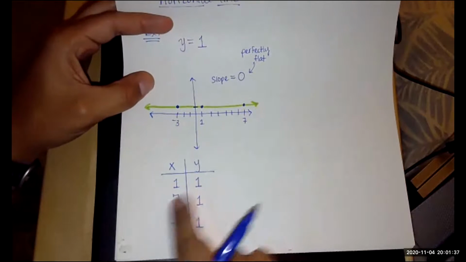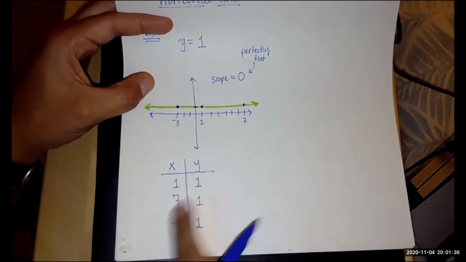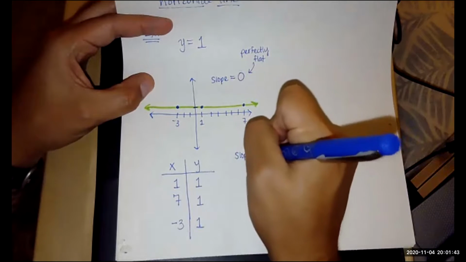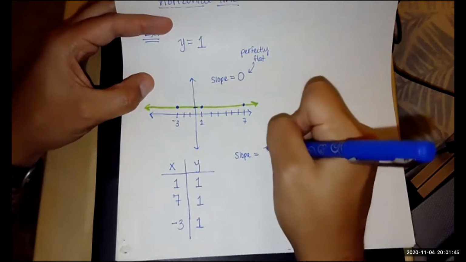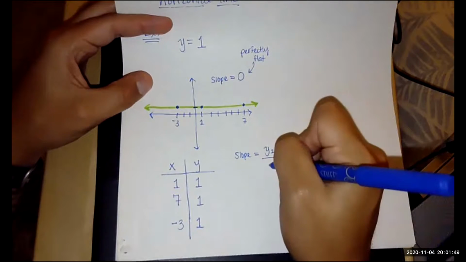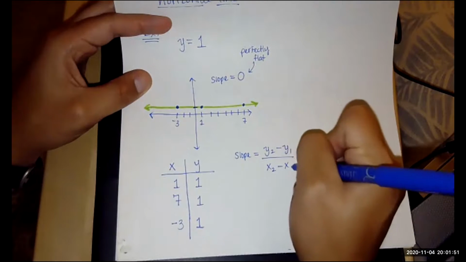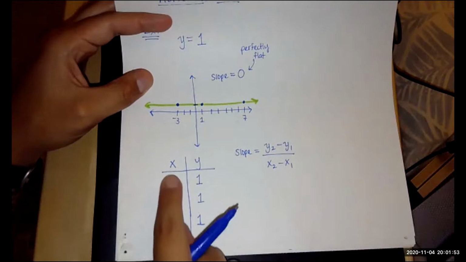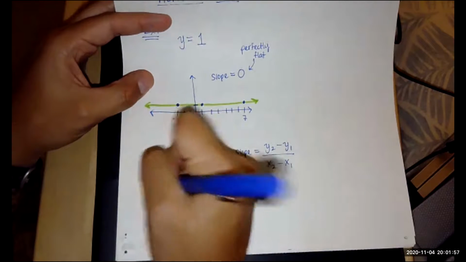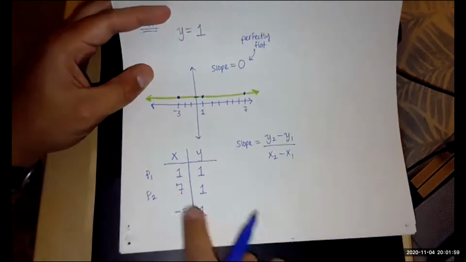Well, if I take these 2 points, any of these 2 points, and plug them into the slope formula, which is y2 minus y1 over x2 minus x1. And let's say that I use these first 2 points, where I call this one point 1 and I call this one point 2.